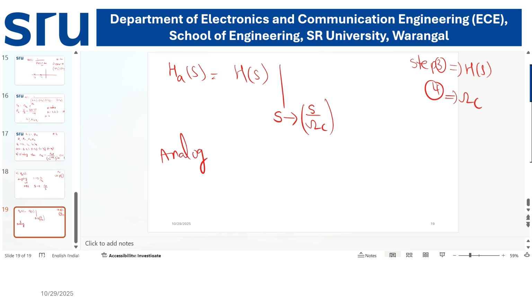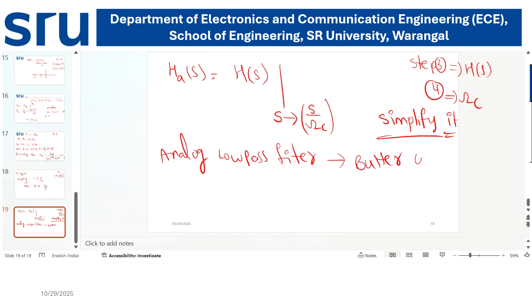Now simplify after substituting. Therefore we got the analog low pass filter designing through Butterworth. These are the designing steps of the low pass Butterworth filter. In the next class we will discuss how to design a low pass Butterworth filter using the given specifications.